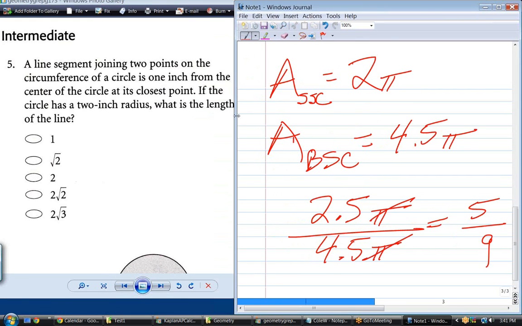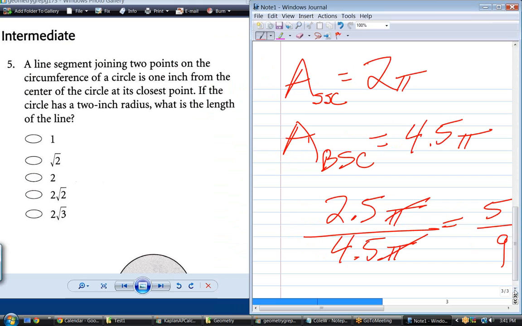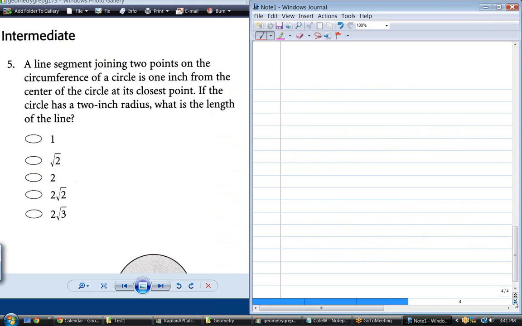Hold on. It's always a good idea to draw pictures. So to draw this picture from the first sentence, let's start with the circle.